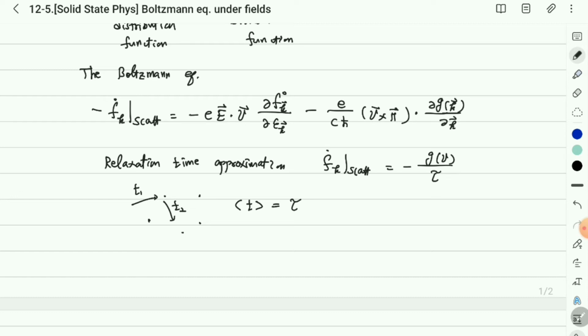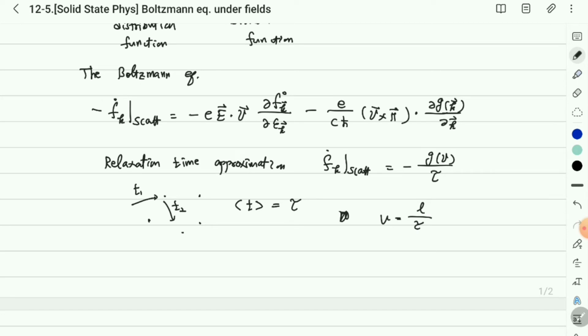The velocity cannot be exactly defined, but in the ballistic scattering, the velocity can be exactly defined. And therefore, here, the velocity can be written as tau and the mean free path.